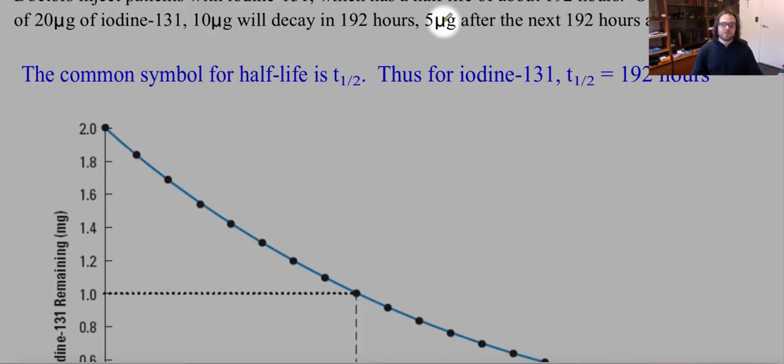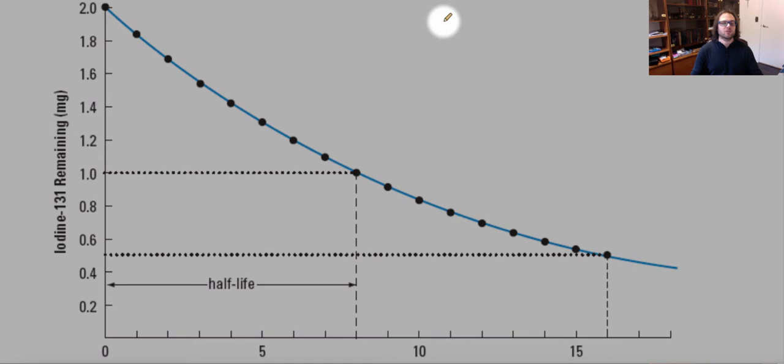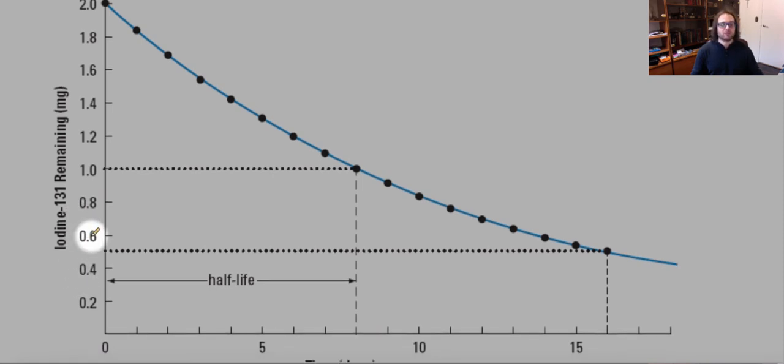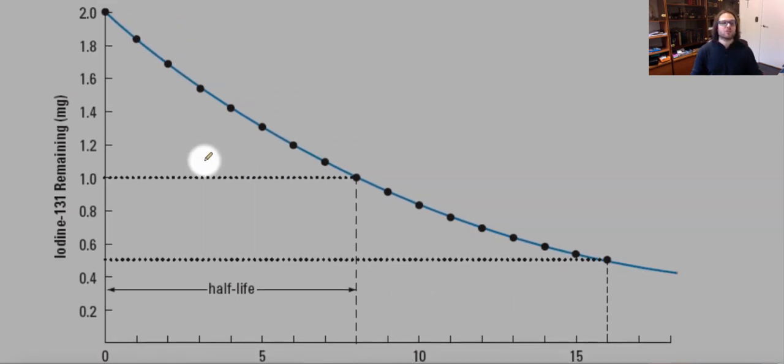If we were to graph this scenario with the iodine, we would end up getting a graph that looks like this over here, where my y-axis is going to be my iodine 131 remaining, the mass of it, in milligrams, whereas my x-axis is my time, like normal. If I look at this here, we started at, let's say, 2 milligrams, and that's going to go all the way down to 1 as our half-life.